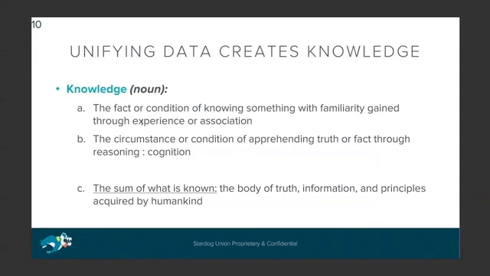The fragmentation of that data makes it nearly impossible to utilize the sum of what is known. An enterprise knowledge graph is about bringing all the data together in a meaningful way to create knowledge. The value proposition of the knowledge graph is that all data, data sources, and databases, everything that has data, is represented and operationalized by the knowledge graph.